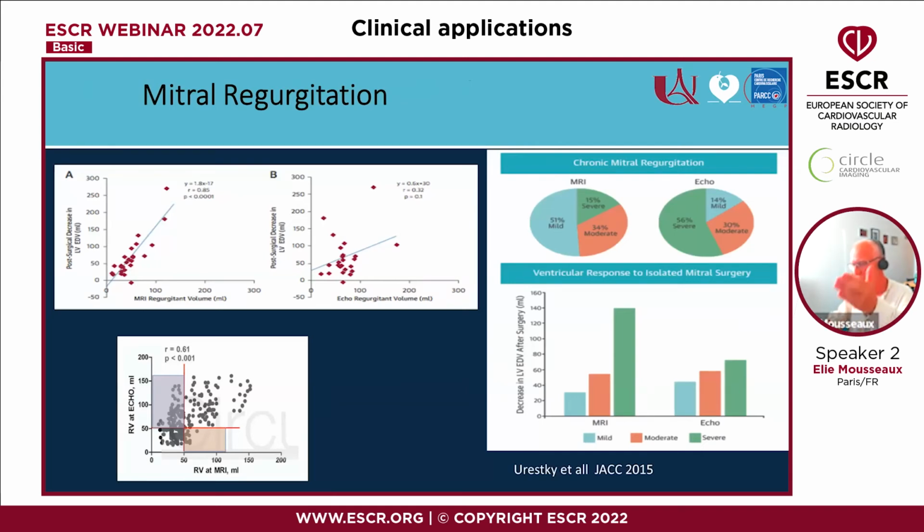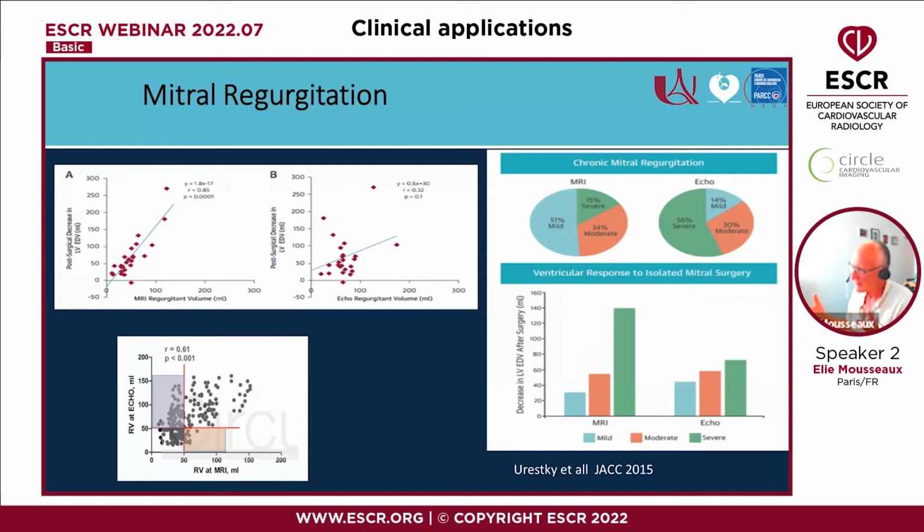And by using such a technique, Uretzky has shown that there is a much more accurate result by using MRI compared to echo, because after the surgery, you have a decrease in the end diastolic volume, and this decrease before and after surgery is much more related to the CMR number for the mitral valve regurgitation quantification compared to the result obtained by echo.